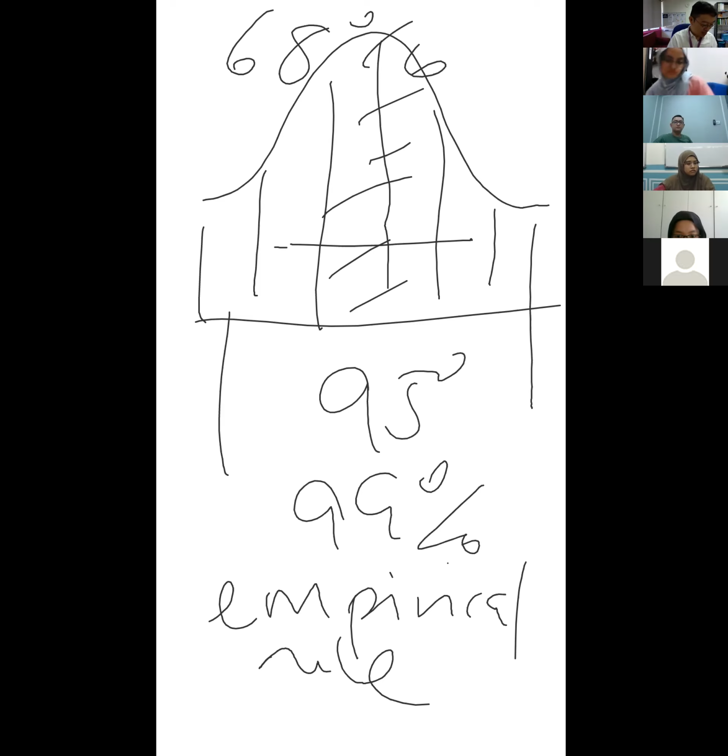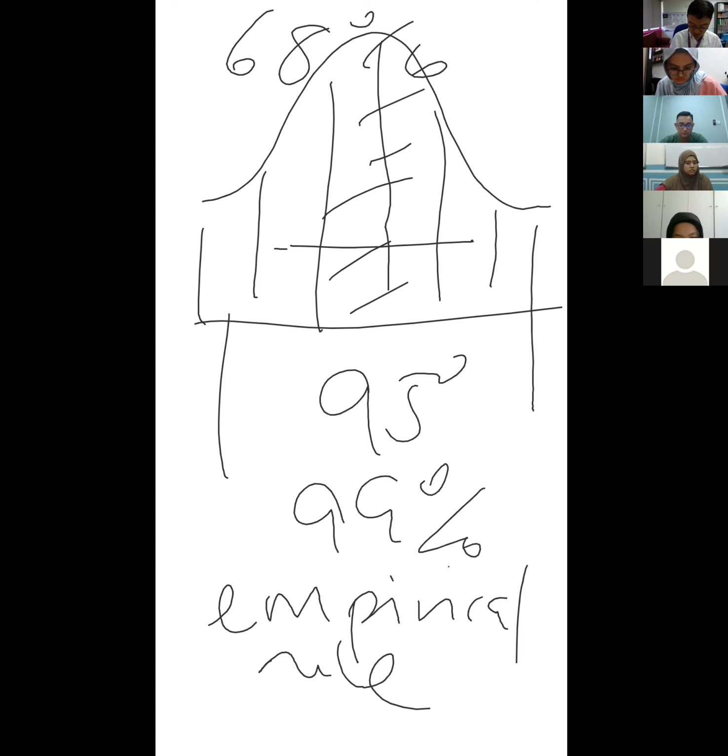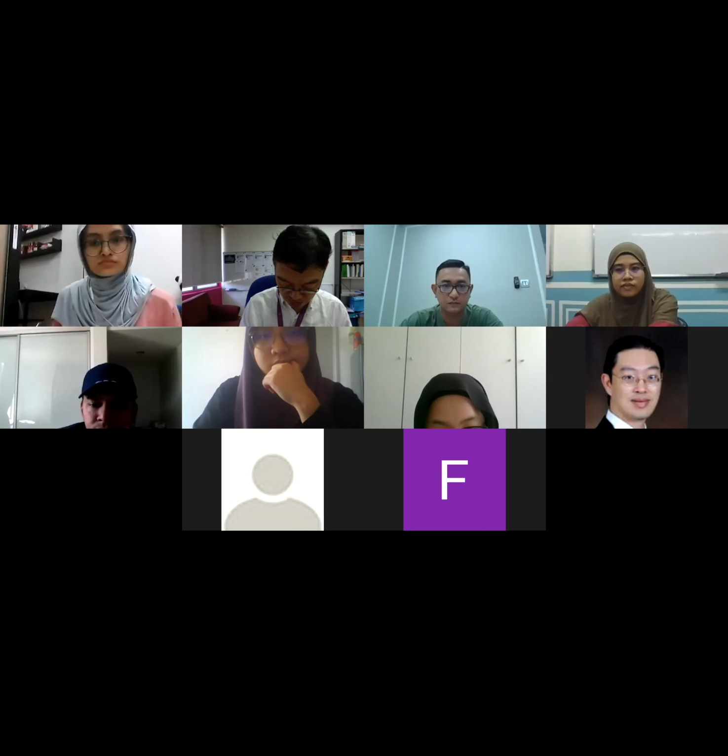Now, for example, let's say we want to measure the height of everyone, and on average we have a height of 1.6 meter. Let me put this on the whiteboard.